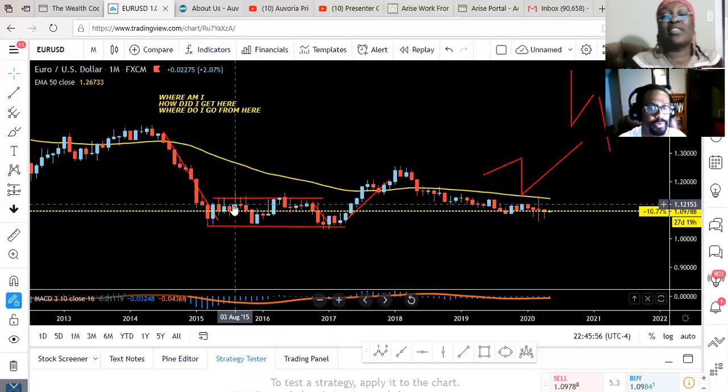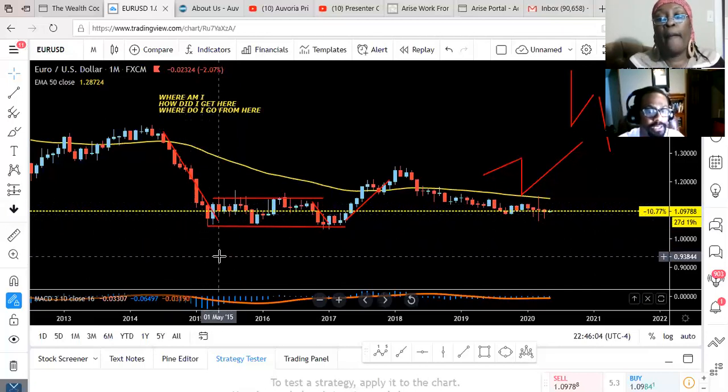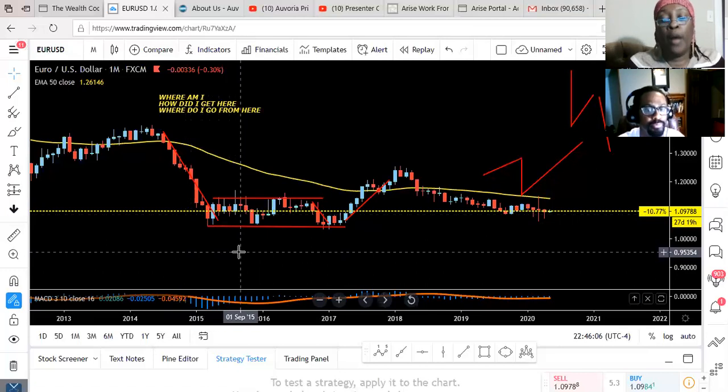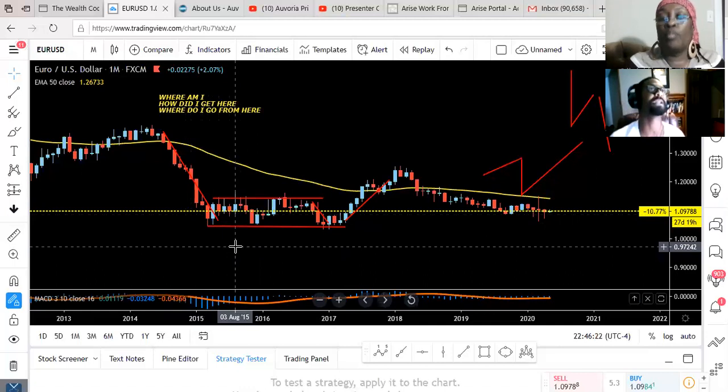A break is constituted by the body breaking the structure, not the wick. In other words, the body has to close below or above the structure. Just explain that a little bit to me there.